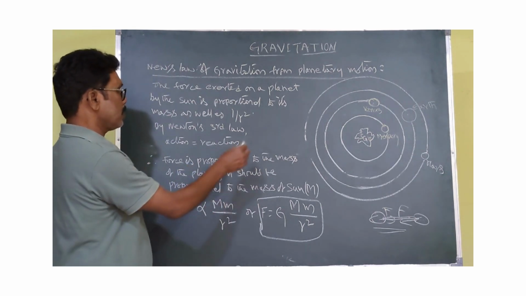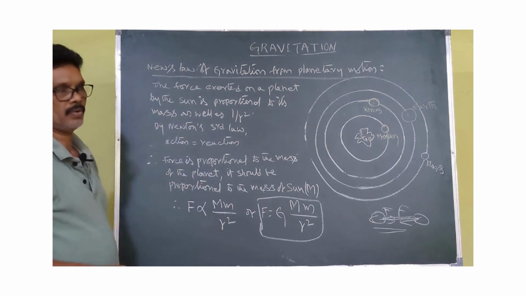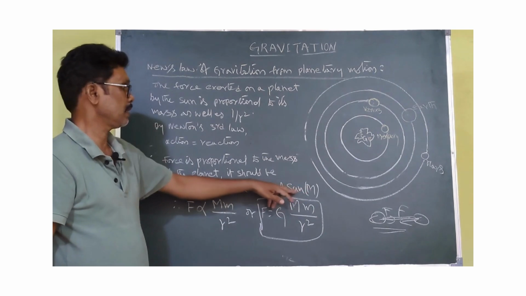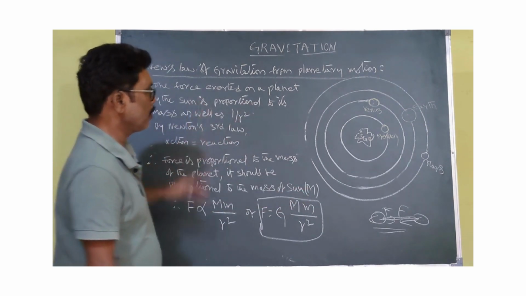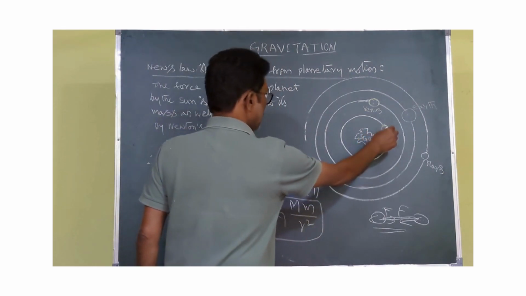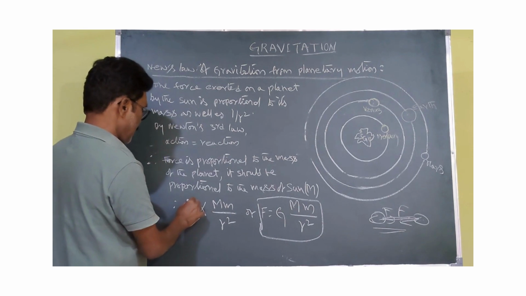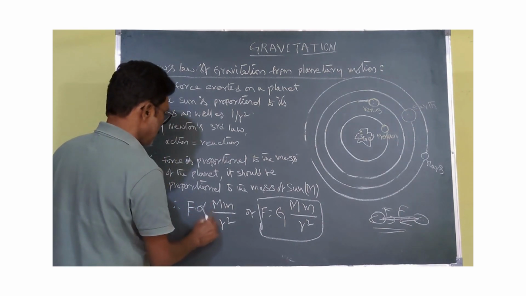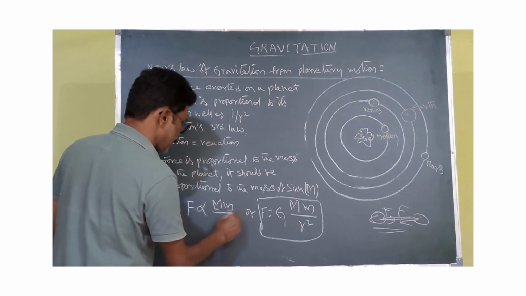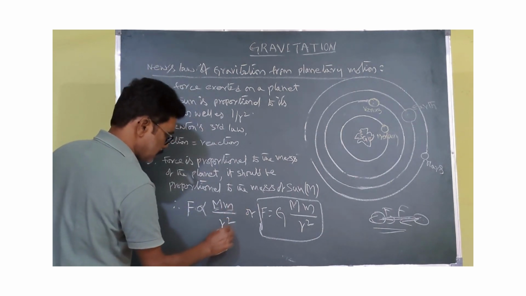The force is proportional to the mass of the planet, so it should also be proportional to the mass of the Sun, let us say M. So between the Sun and any other planet, we can establish that F is proportional to the mass of the Sun times the mass of the planet divided by the distance between the Sun and the planet, r square.